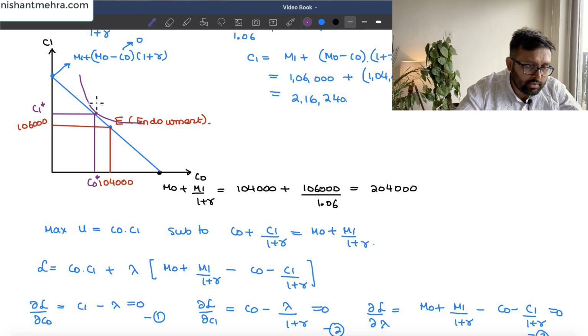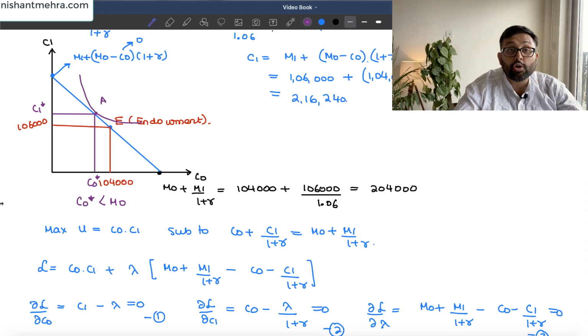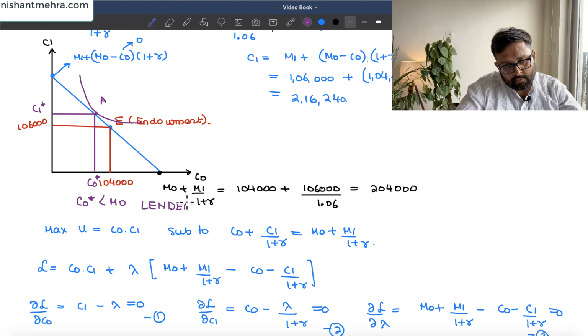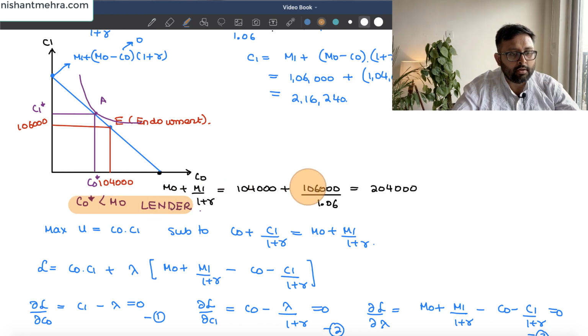So you are consuming at, let's say, point A. At point A, if you look carefully, your C0 star is less than M0. You're consuming less today. It means you are a lender in this particular period. Right, beta? You are a lender in this particular period.